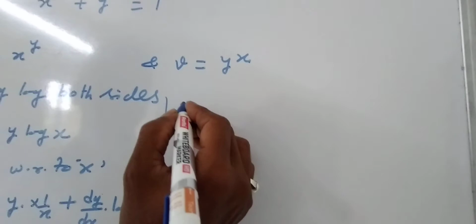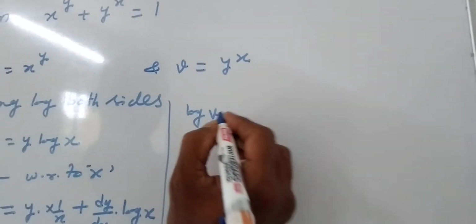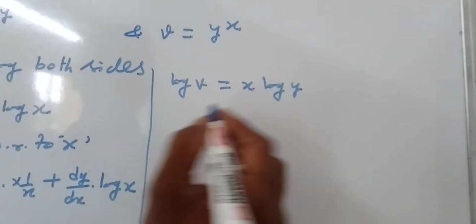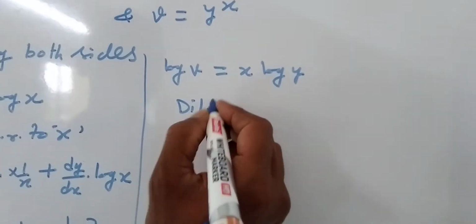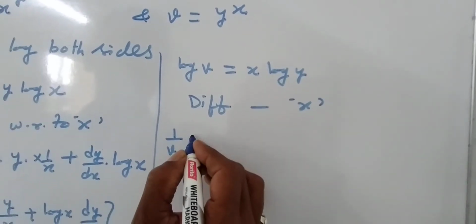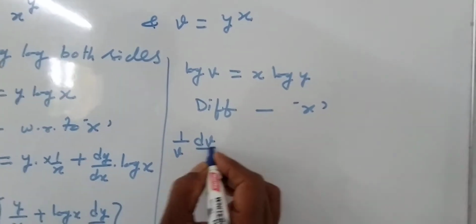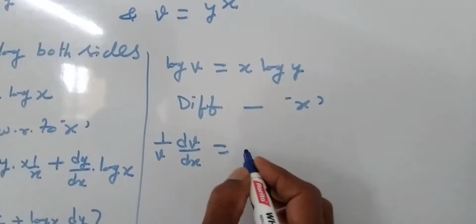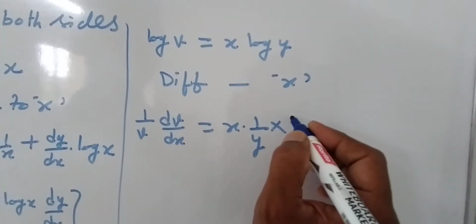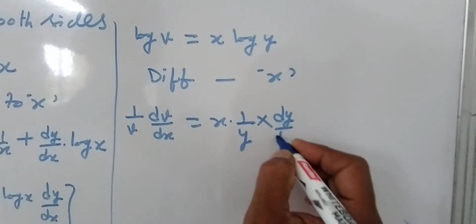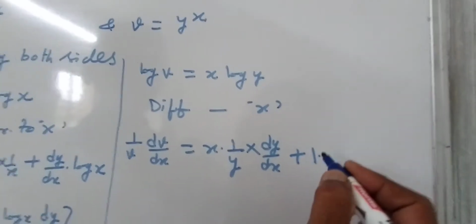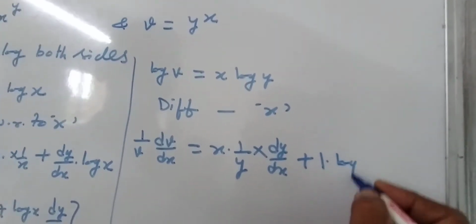For dv by dx, again we will take log, so log v equals x log y. Again differentiating both sides with respect to x, 1 by v dv by dx equals, in u into v form, the first function unchanged, the derivative of log y is 1 by y and the derivative of y with respect to x is dy by dx, plus the derivative of the first function, that is 1, and log y unchanged.